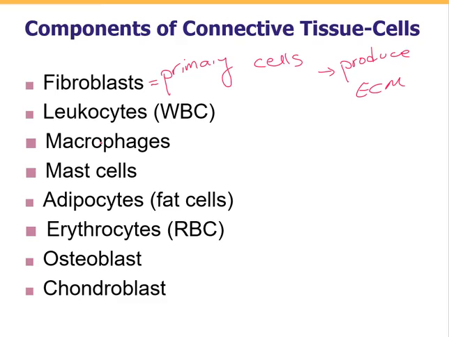Adipocytes or fat cells, storing fat for energy, which we can have in our areolar connective tissue and also in the fat tissue or adipose tissue. So we have them a lot in the adipose tissue or fat tissue.